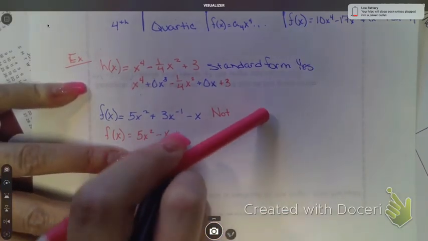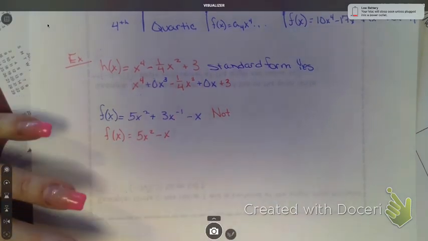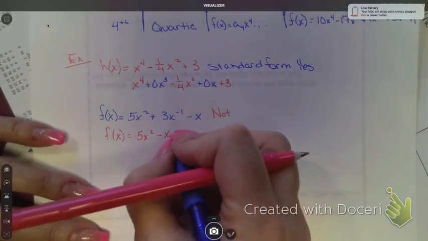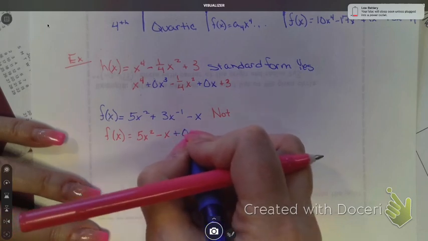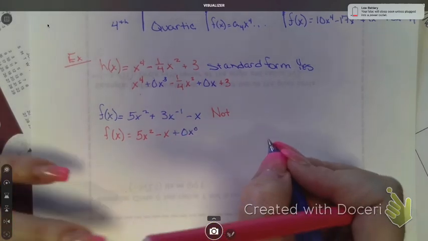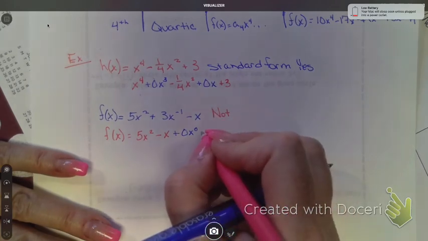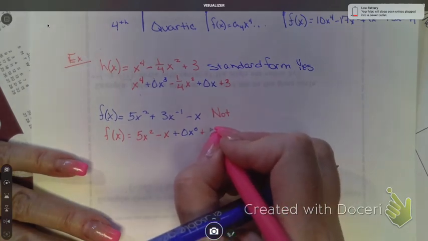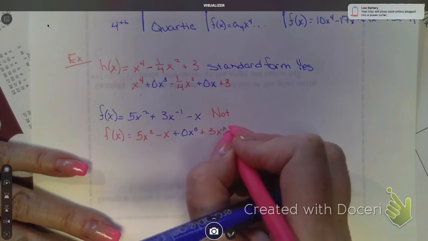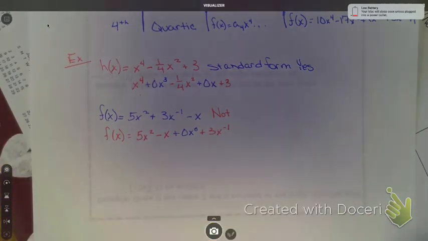We won't be doing this with negative exponents, but it's the same concept. So 0x to the 0, and then plus 3x to the negative first. So now is it in standard form? Yes. Technically, like I said, you're not going to have that.